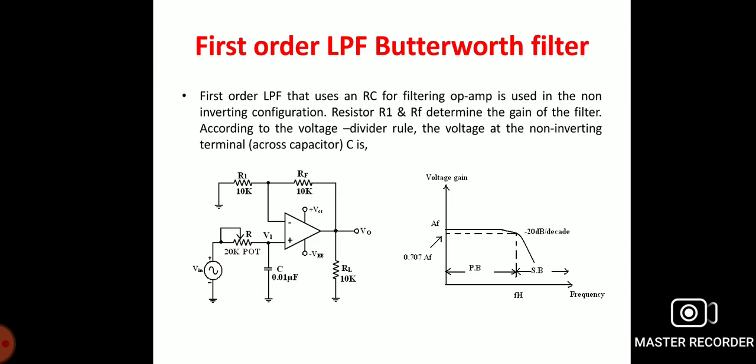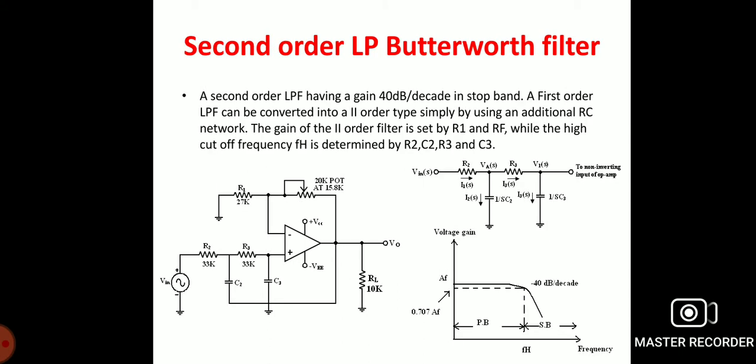Now we can see the second order low pass Butterworth filter. The second order low pass filter has a gain roll-off of 40 dB per decade in its stop band. A first order low pass filter can be converted into a second order type simply by using an additional RC network.